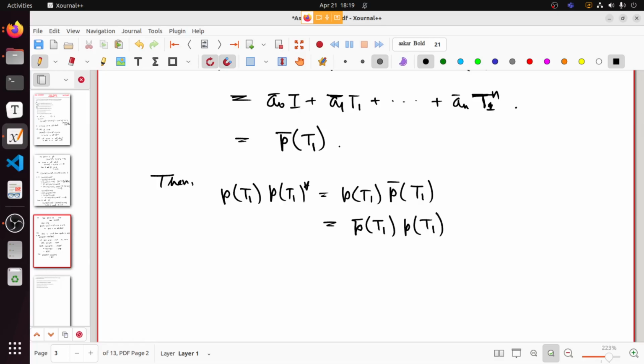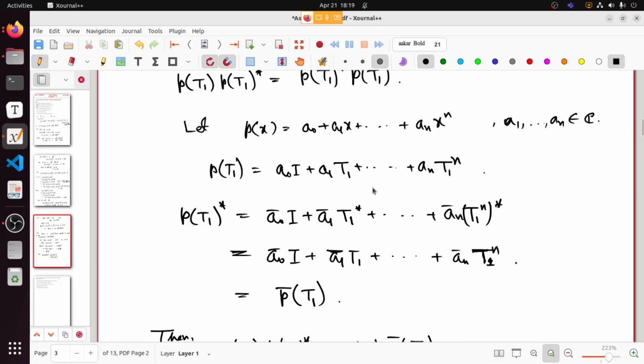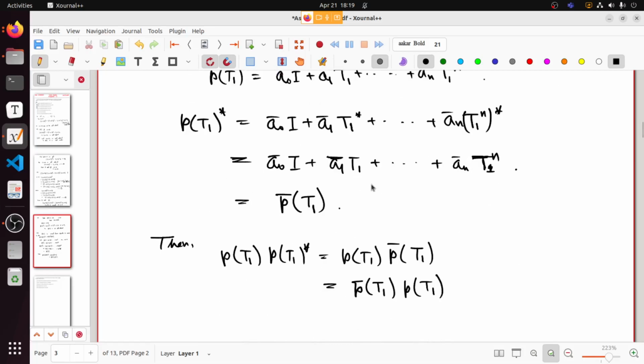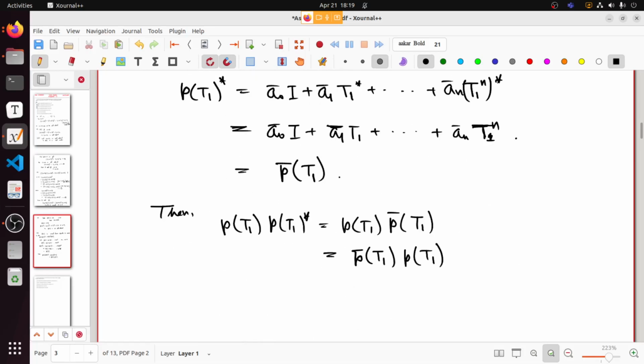So just multiply these two polynomials P and P bar, and you can see that as T1 commutes with itself, this will be the same.